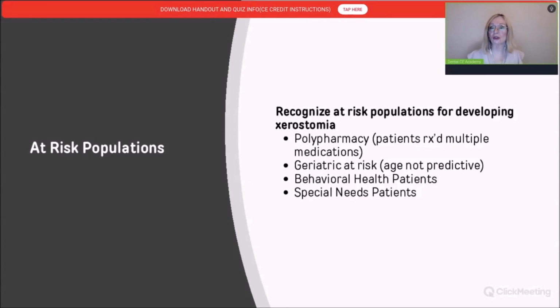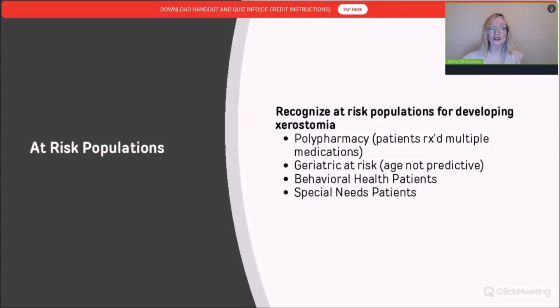It's important to recognize at-risk populations. Certainly, we said with our patients, polypharmacy is the number one. Our older patients, again, are at risk. It's not predictive. Just growing old doesn't mean our salivary glands are falling apart. But it means that we might be on medications or we may have other conditions.